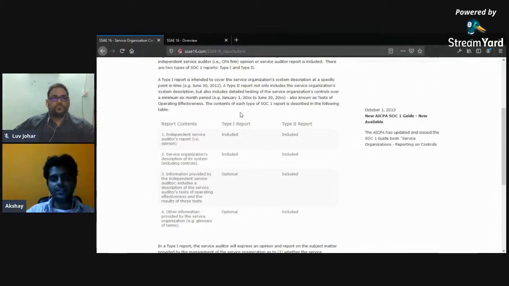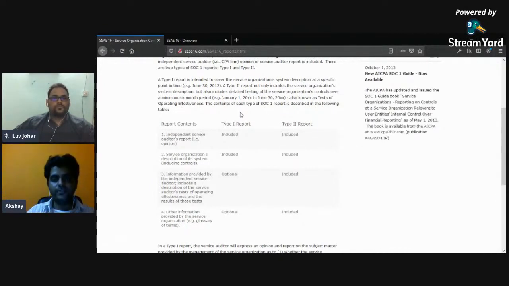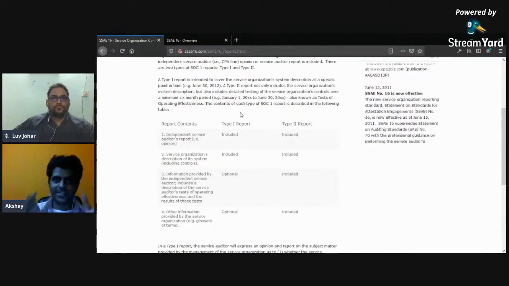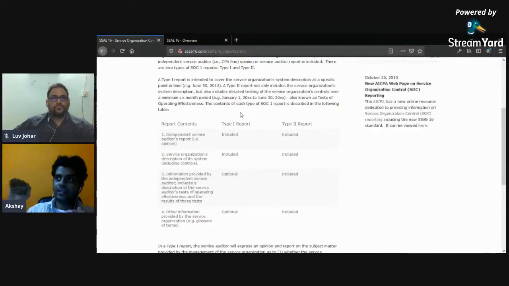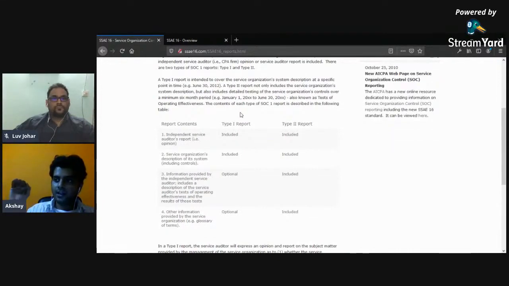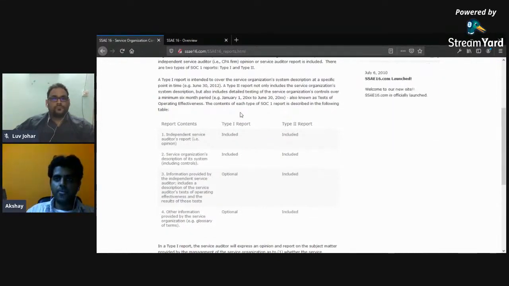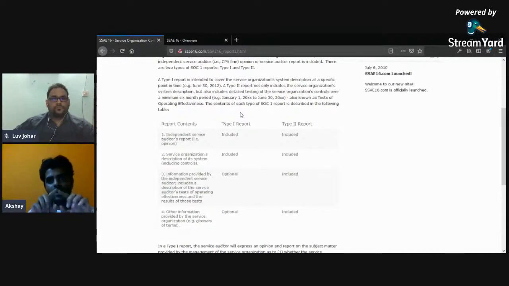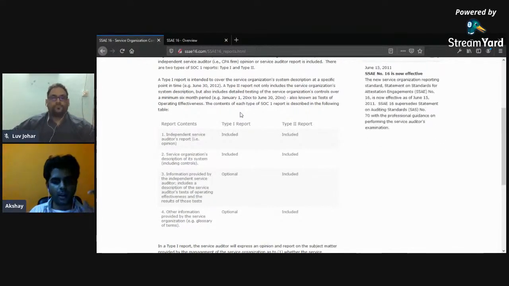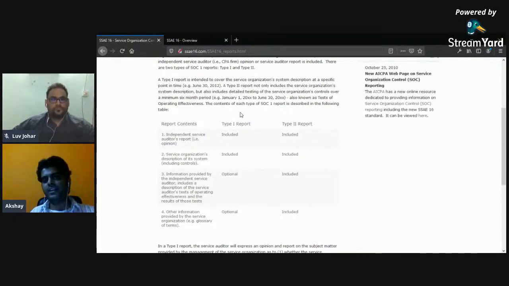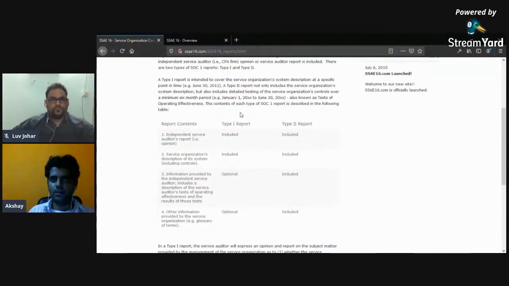The service organization has now to prove that whatever services they are providing which may affect or impact the customer's financial reporting, all of those controls come under the SOC 1 type. So they are talking about all those services which may affect your client's financial reporting. So that falls under SOC 1.